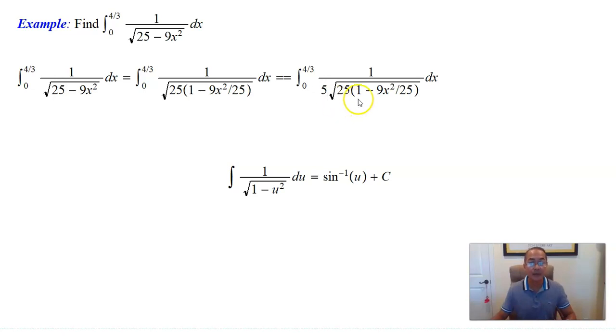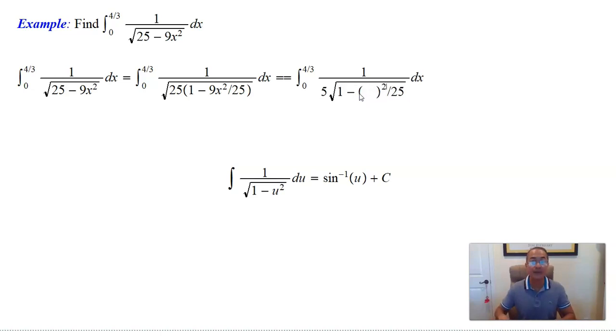Then we remove that 25 from inside, and now we simply have 1 minus 9x squared over 25. We are now going to rewrite this as the perfect square of something. Obviously, that something should be 3x over 5. So there we go.